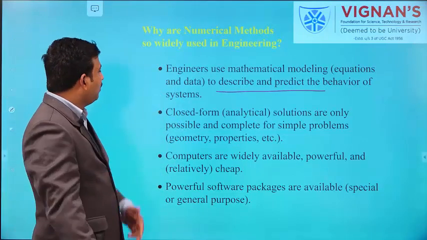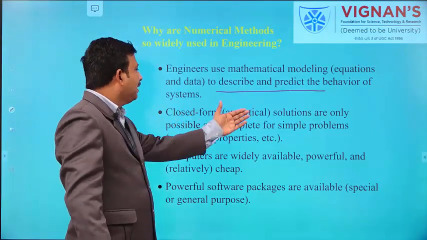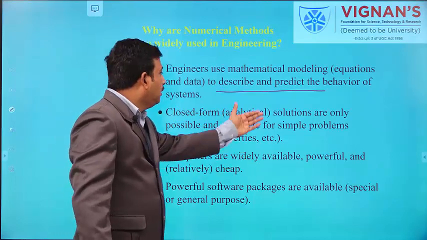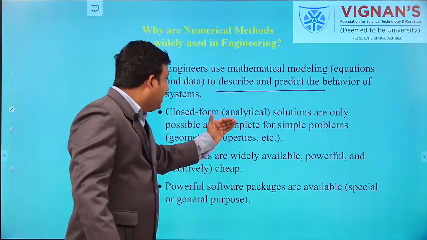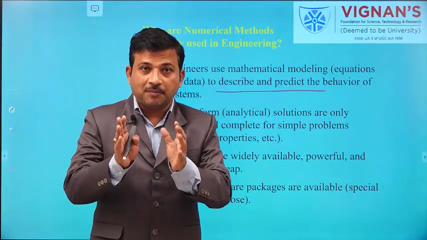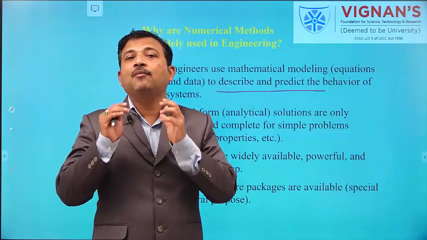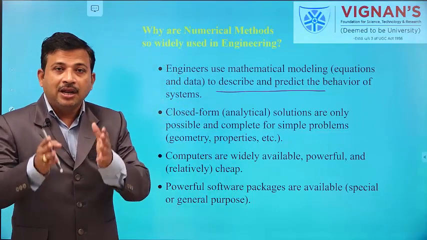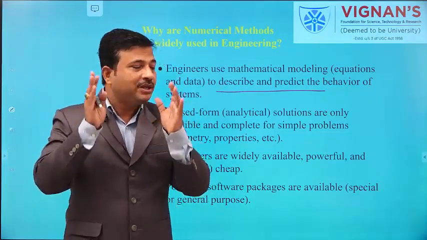Closed-form analytical solutions are only possible and complete for simple problems, but not for complex problems. So complex problems will always have approximate solutions, and we have to use numerical methods.